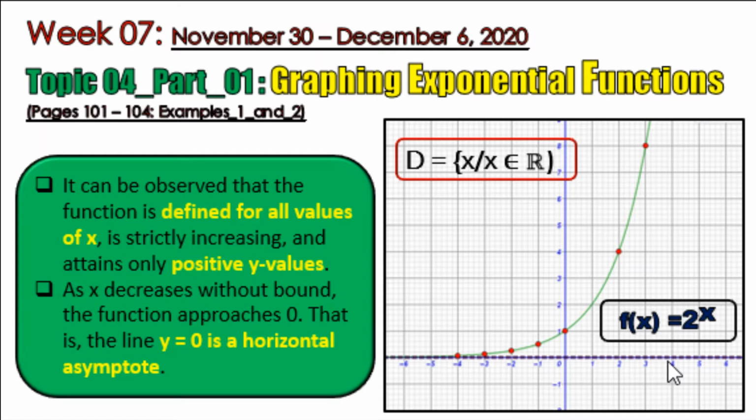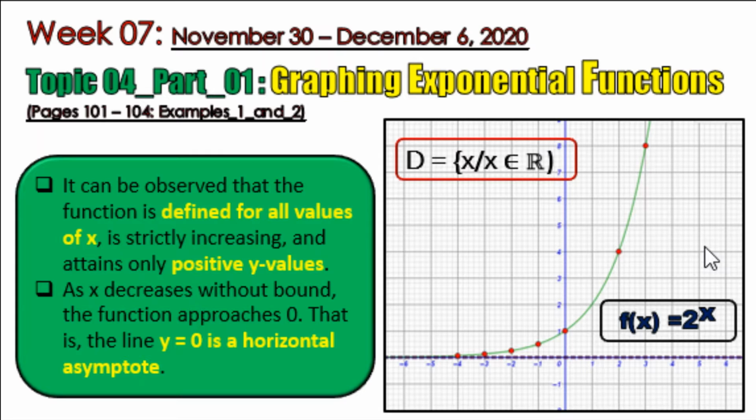And of course, we cannot have the part of the graph in the quadrant in which the value of y is negative. So there is a limit. Your graph cannot cross this line.